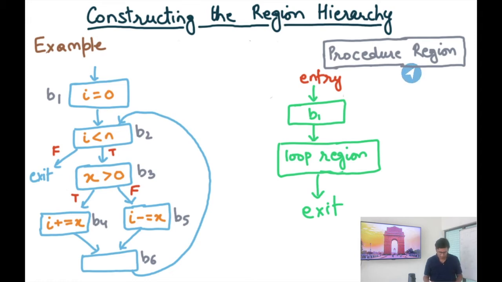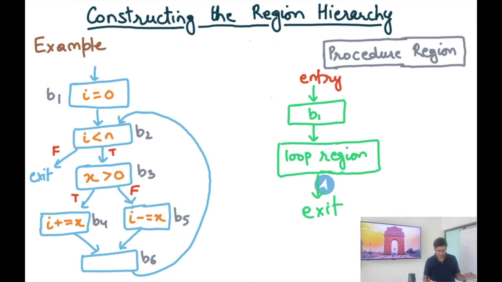exposition of the hierarchy. Recall that the top level region for this is going to be the procedure region, and that procedure region's subgraph is going to be made up of two subregions. One is going to be B1, which is just a basic block, and the second is going to be the loop region that represents this entire loop.